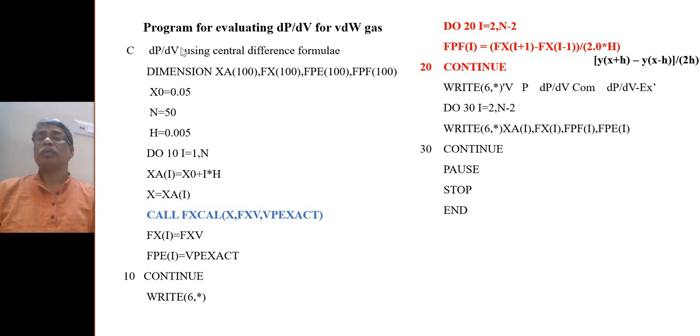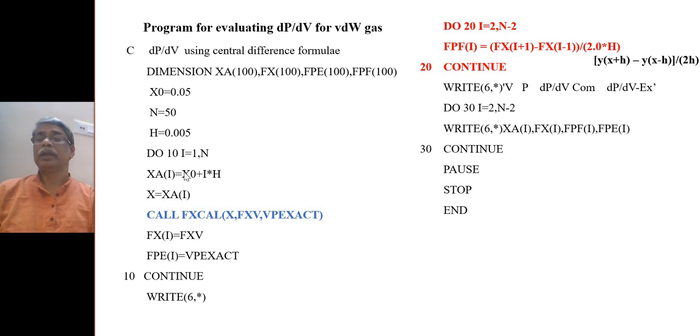Here I would just analyze this program a little bit. Some of the inputs are there: you have to initialize the first x value, here in the program x stands for volume, and then how many points you want to calculate, and the interval h, 0.005, which is a small one.